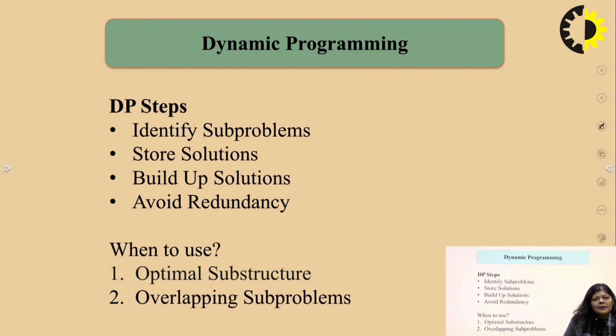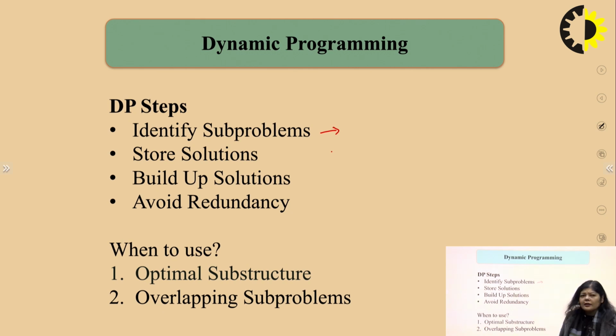Now, what are the common steps when we proceed to solve a problem using dynamic programming? So, there are majorly 4 different steps that we need to follow to solve a particular problem using the dynamic programming approach. The first step is to identify the sub problems.